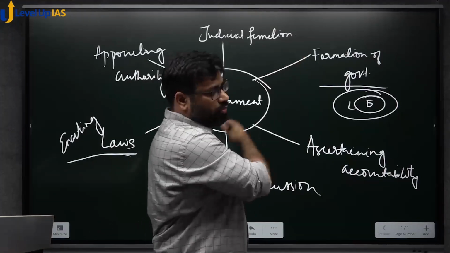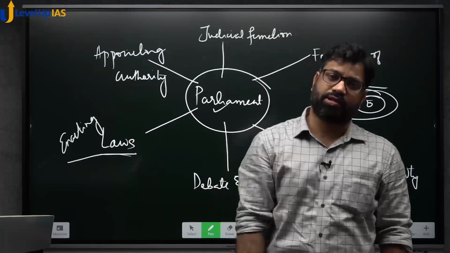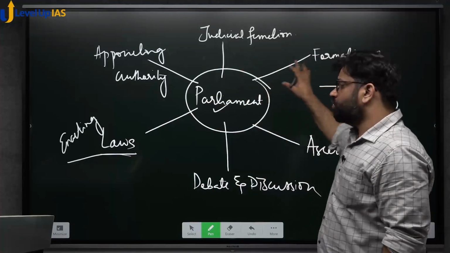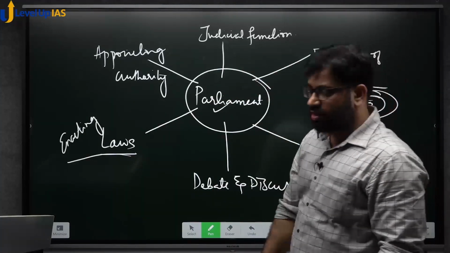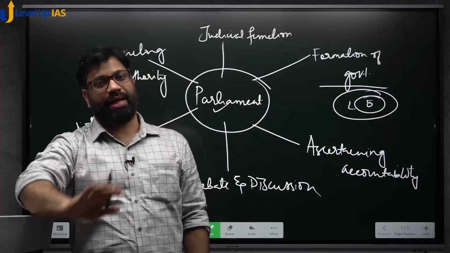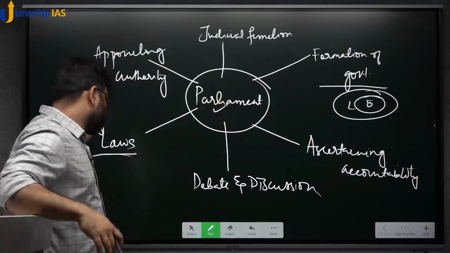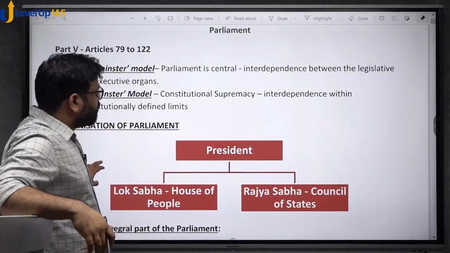So these are the most important functions of parliament. Yes, there are many other functions as well, but these are the most important ones. Fine, ये चीजें तो पार्लियामेंट करेगी ही करेगी, इसीलिए पार्लियामेंट है. Fine. So if you know this, then we'll go to the basics of parliament.